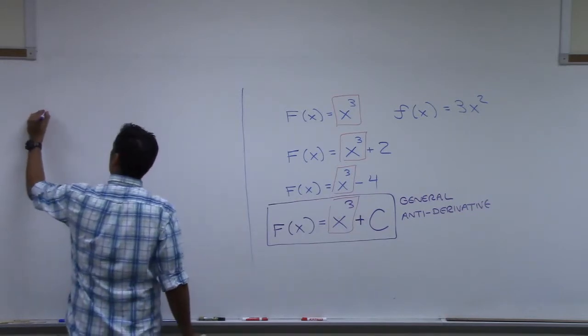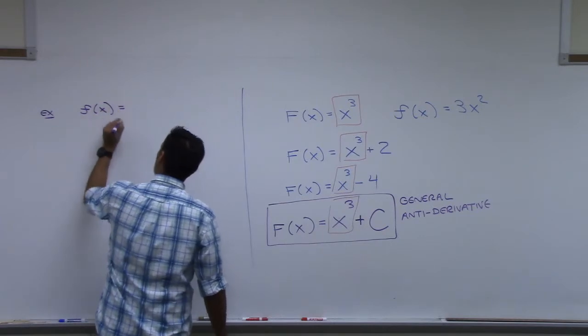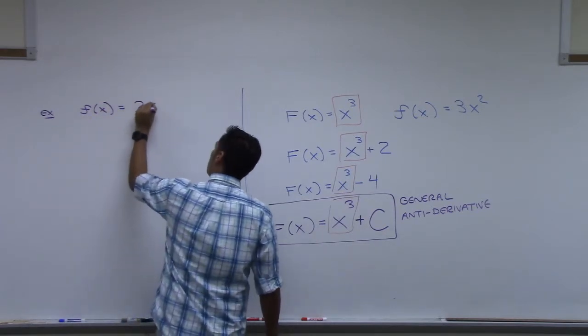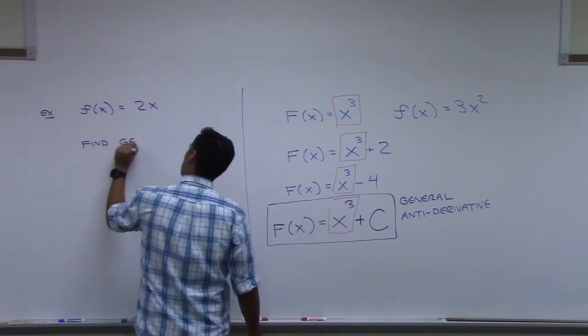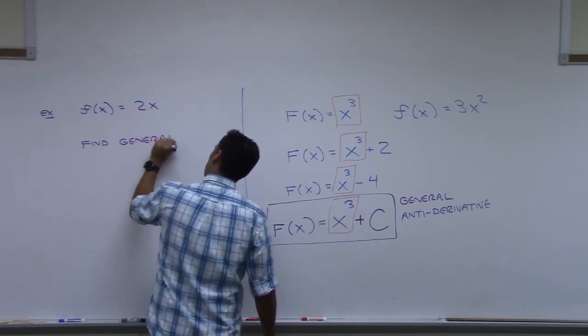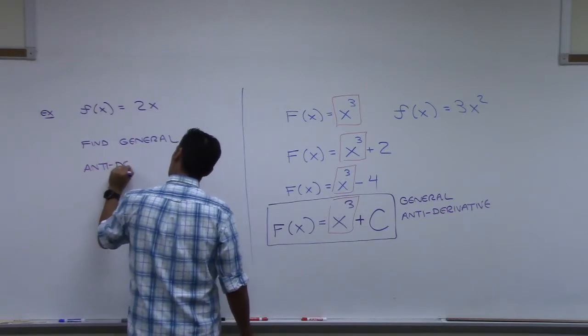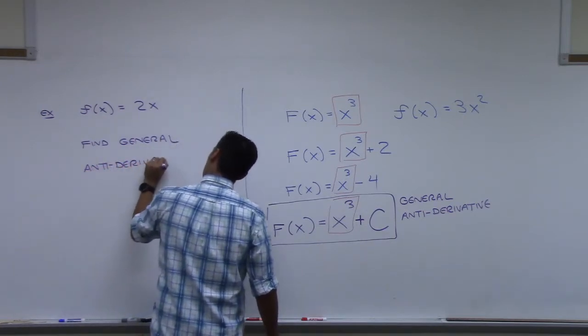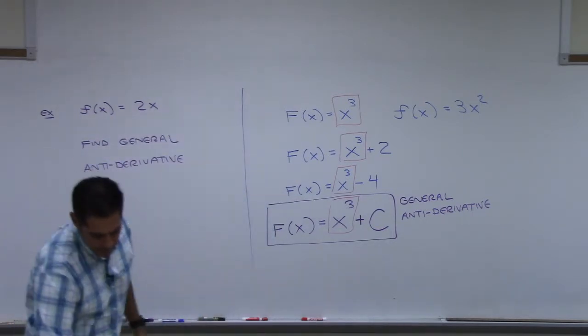So if I say little f of x is 2x, find the general antiderivative. Find the general antiderivative.